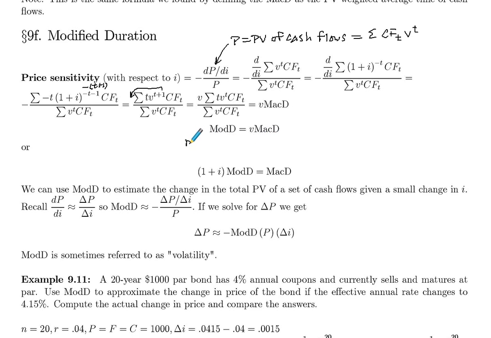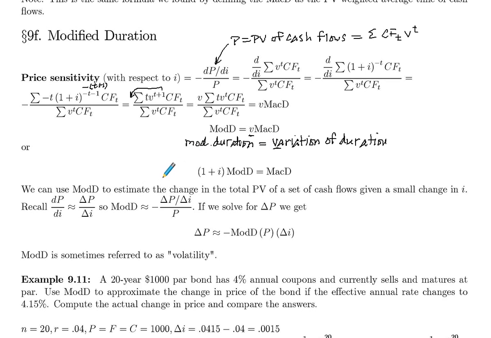So to help you remember this, modified duration equals the variation or the rate of change. Think of rates of change as variations of duration. And when we say duration, we mean Macaulay duration. So here, v is variation, v is discount factor. So that can be helpful in remembering that relationship.